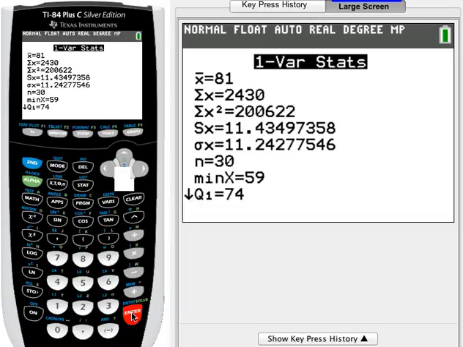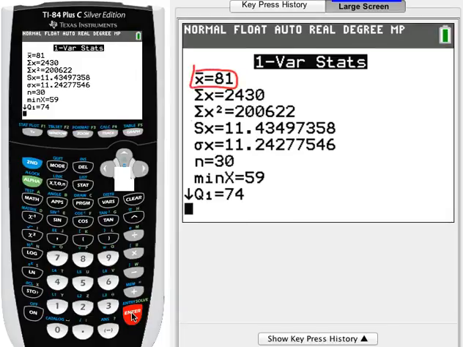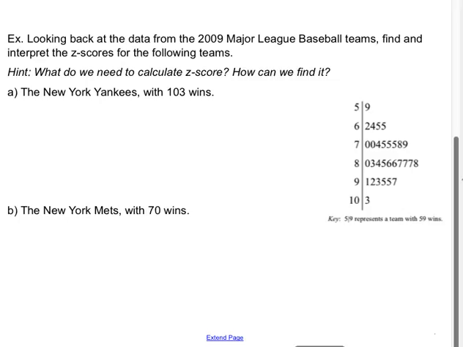So for all the teams, the mean is 81 and the standard deviation is about 11.43. So mean equals 81, standard deviation is 11.43.